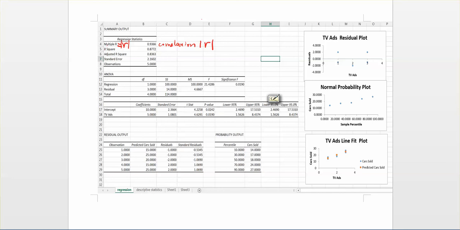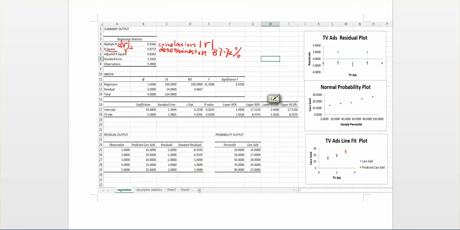The second statistic you can look at is called R square. In class, we learned R square stands for the coefficient of determination. I suggest that you usually convert it to a percentage, because when you interpret R square, we usually say the percentage of variation in Y is explained by the regression model.